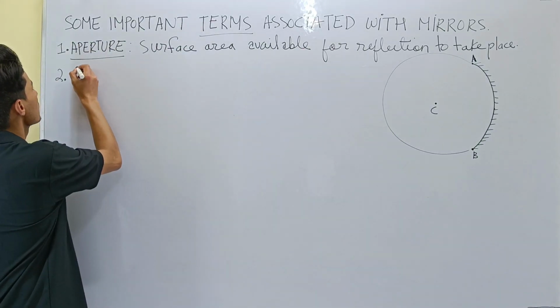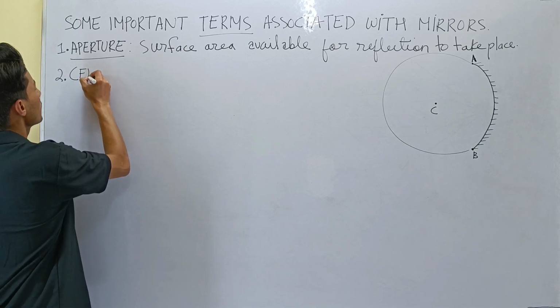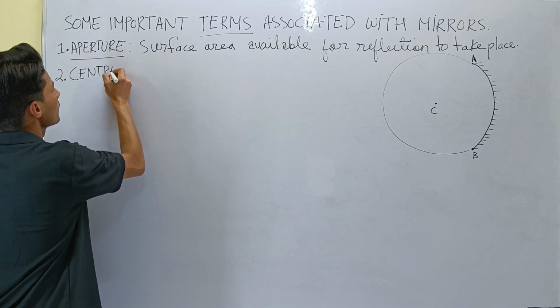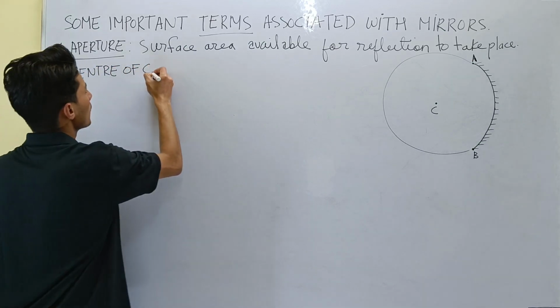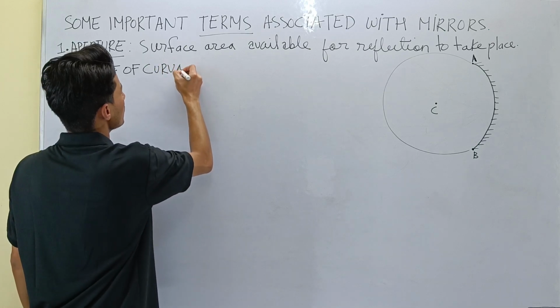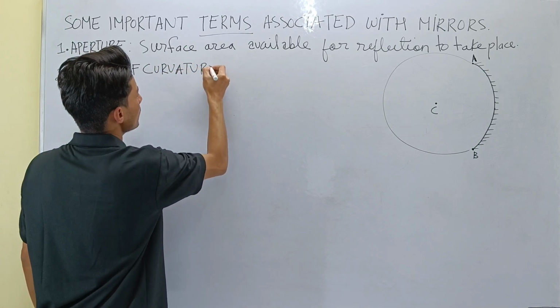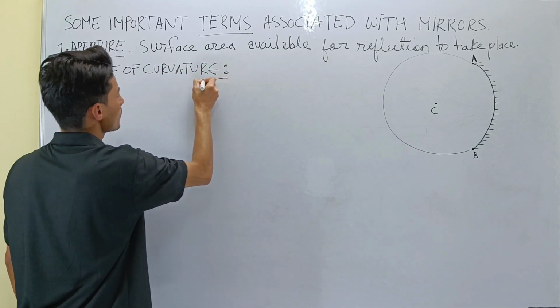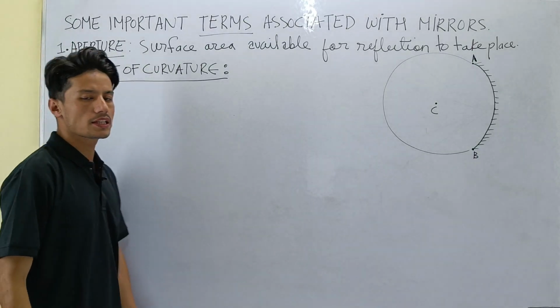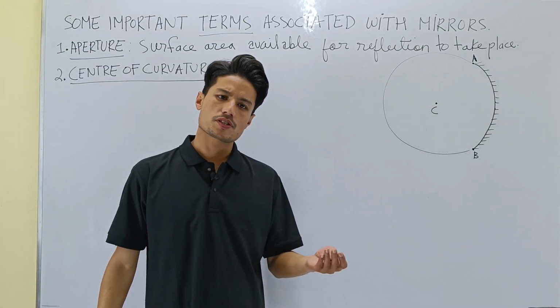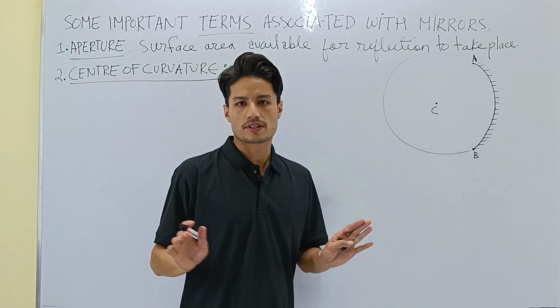So the next point is center of curvature. How will the definition be? The center of curvature is the center of the spherical mirror. Very simple.